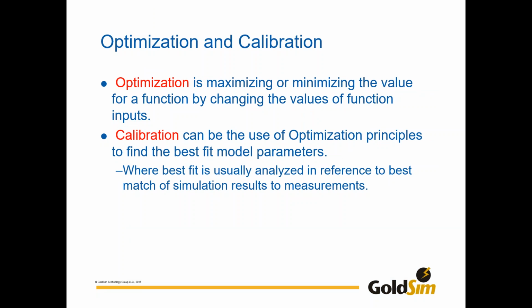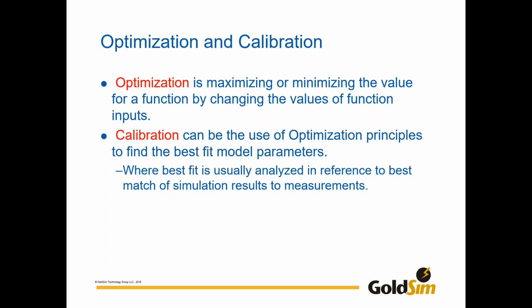So, optimization and calibration. Optimization is maximizing or minimizing the value of a function by changing the values of function inputs. With calibration, generally we're minimizing, usually the sum of squared errors, but maybe an advanced sum of squared errors that includes weighting and bonuses and penalties and things like that.